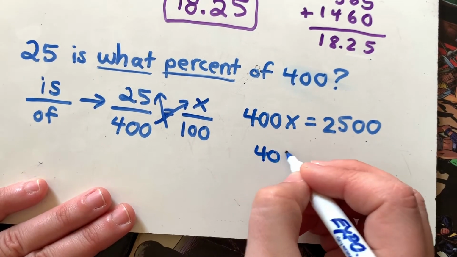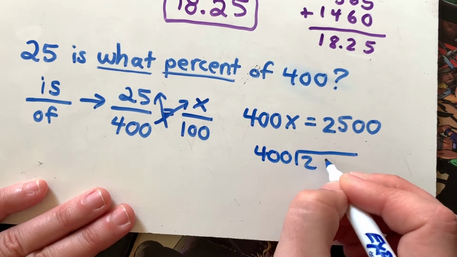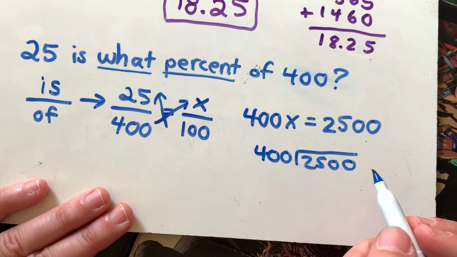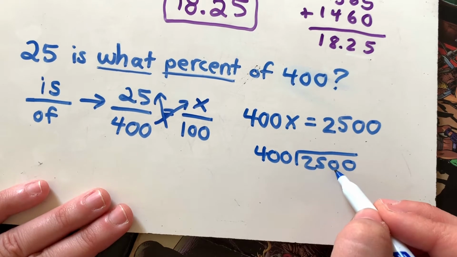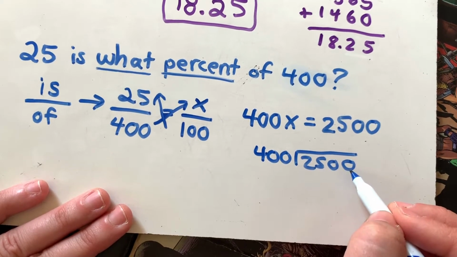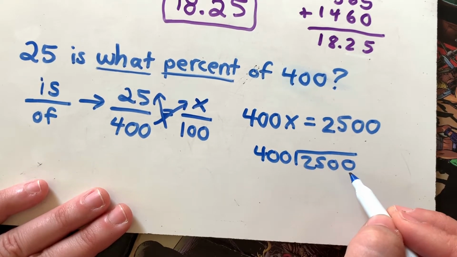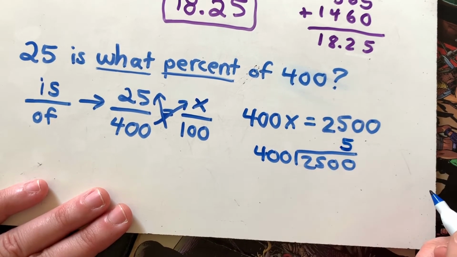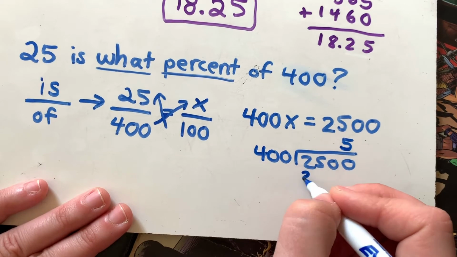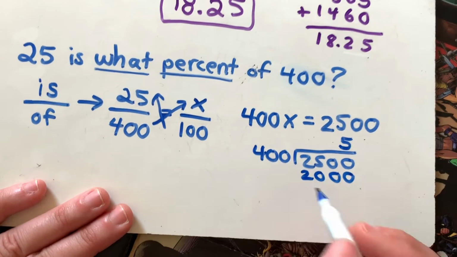Okay, so we're going to do our division. So 400 doesn't go into 2, it doesn't go into 25, it doesn't go into 250. So we're going to have to think, okay, 400 into 2000. Well, I know 400 times 5 is 2000.